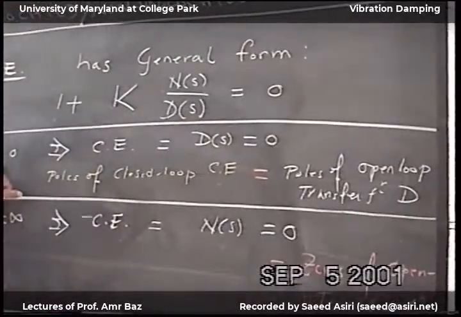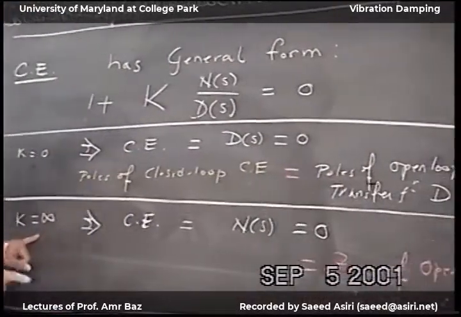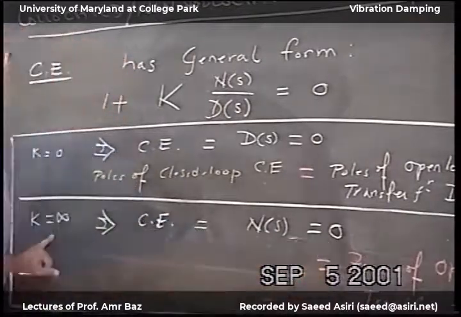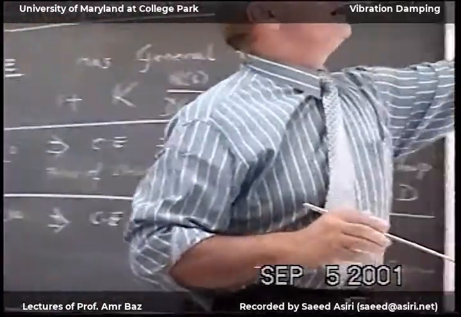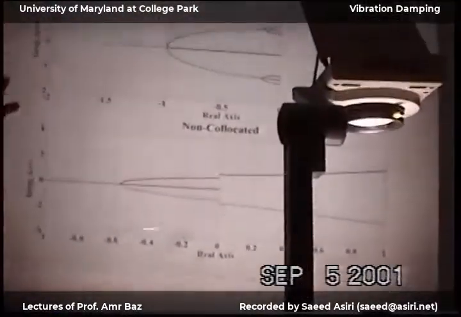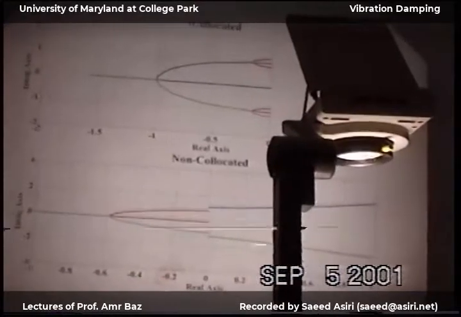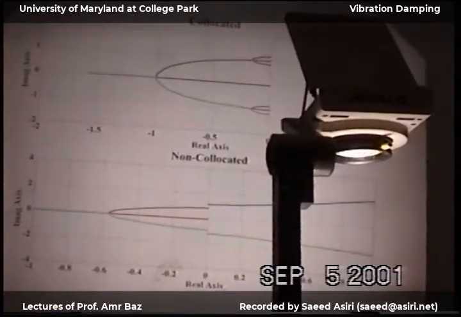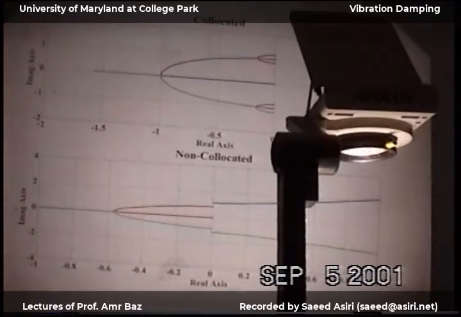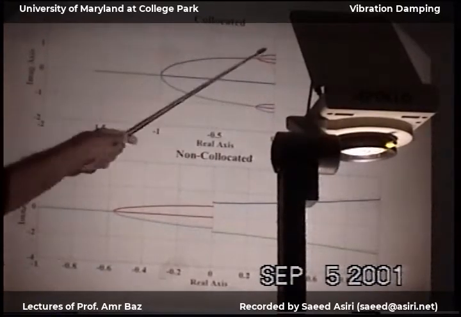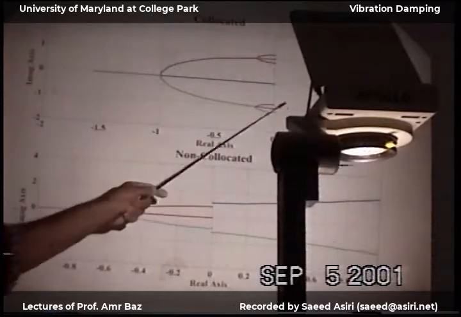When k goes very high, I end up with a 0. So the root locus plot will always have divisions or as many segments as we have poles. And they always begin from a pole and end up at a 0.